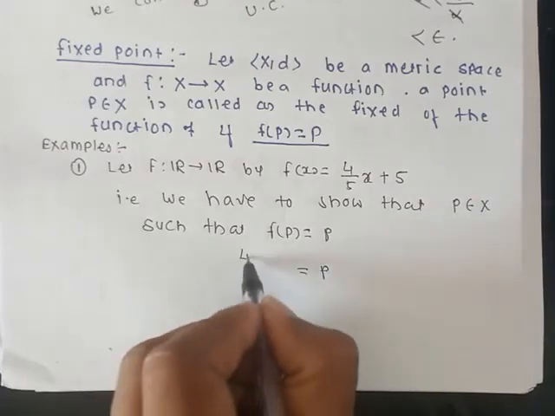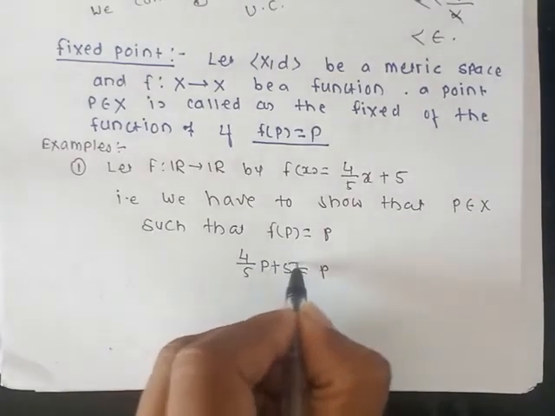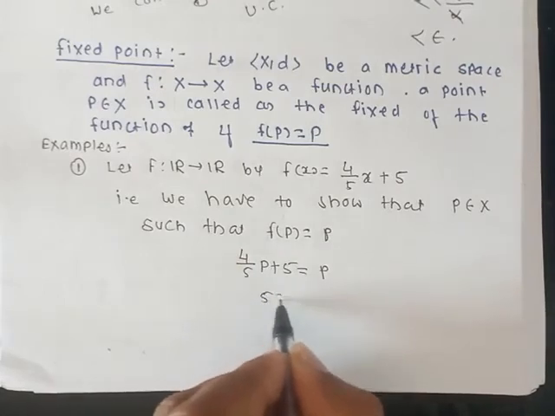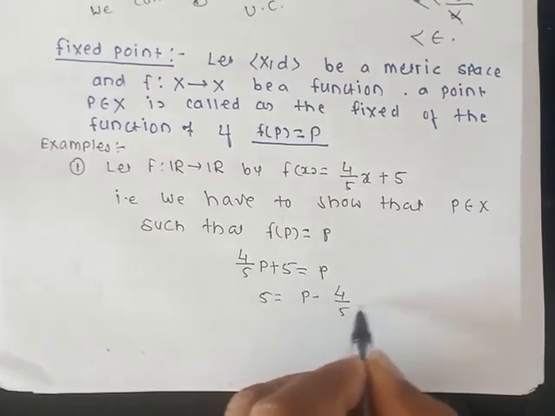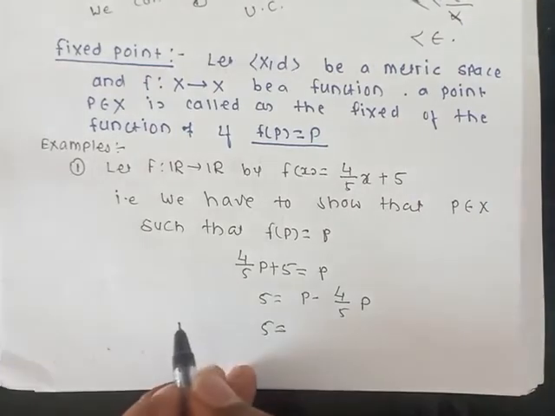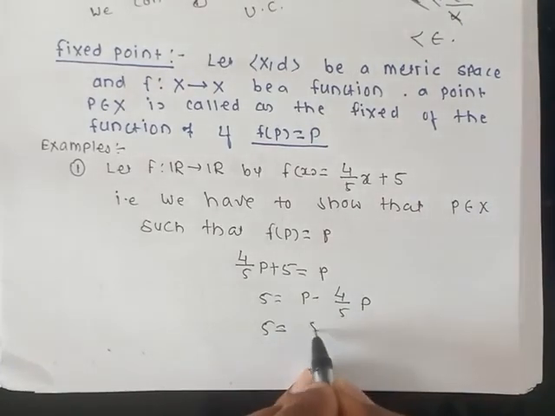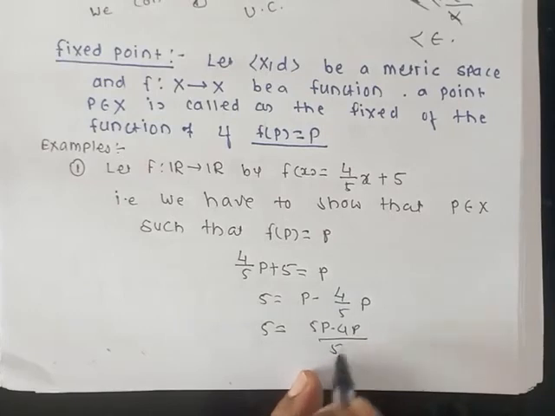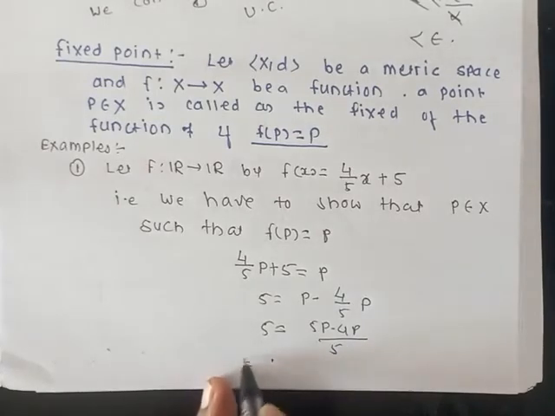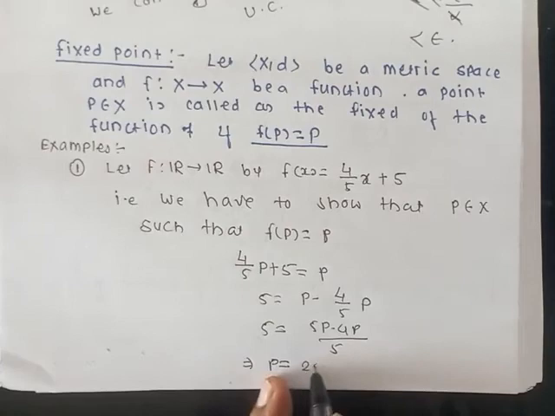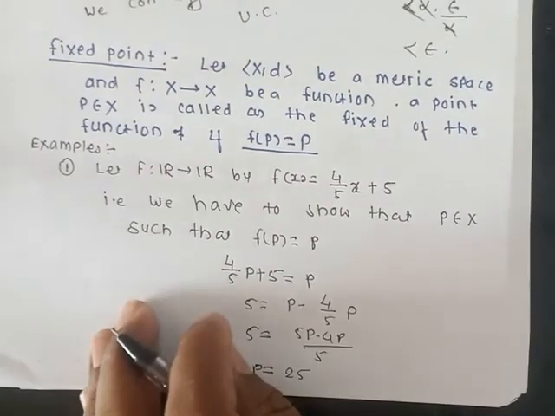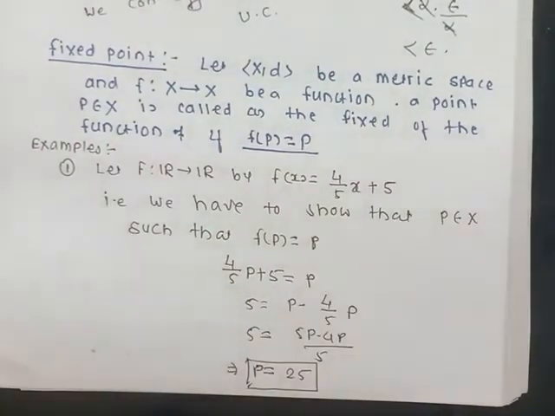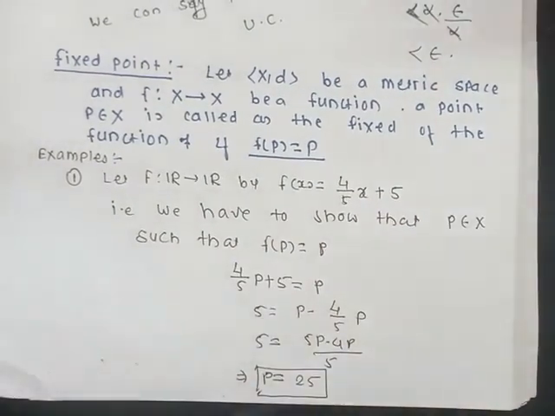What is f of p? 4 upon 5 p plus 5. That is 5 is equal to p minus 4 upon 5 p, that is 5 is equal to (5p minus 4p) divided by 5. So that implies that p is equal to 25. So p is equal to 25 is the fixed point for this linear mapping.